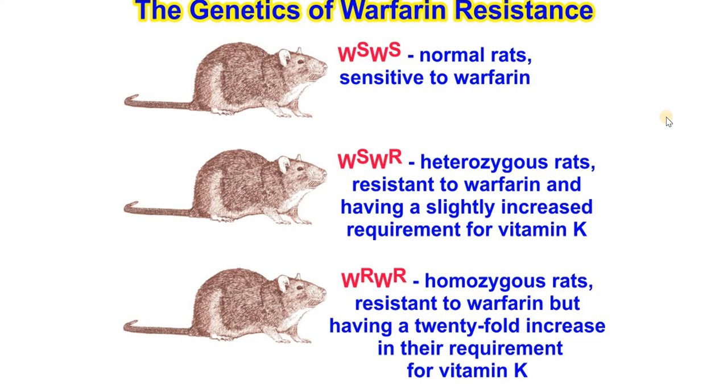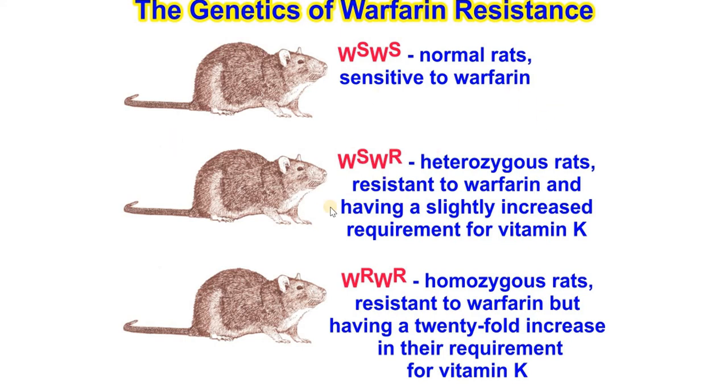If there's warfarin about, then the normal rats will get killed by warfarin. The double RR, so the homozygous rats, they'll be resistant to warfarin, but because they need all of this vitamin K, a massive requirement, they will probably not survive either.